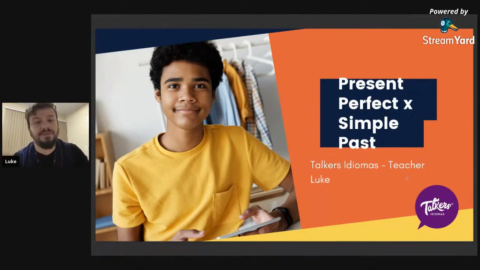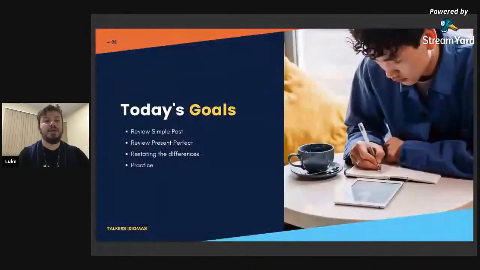We're going to start here with our presentation about the present perfect and the simple past, okay? Basically the differences between one verb tense and the other. We're going to review the simple past, which is really important for us. Then review the present perfect, then restate the differences between one verb tense and the other, and after that, we're going to practice a little bit.